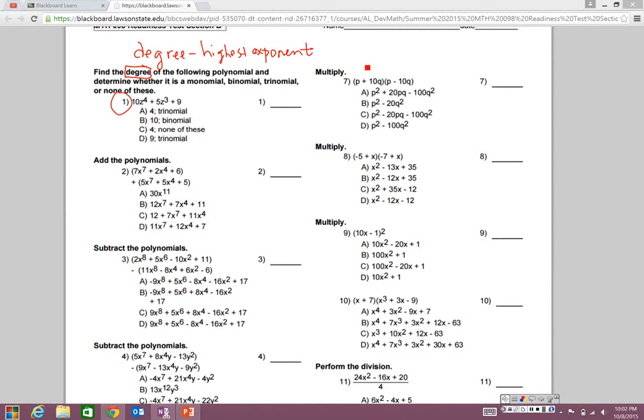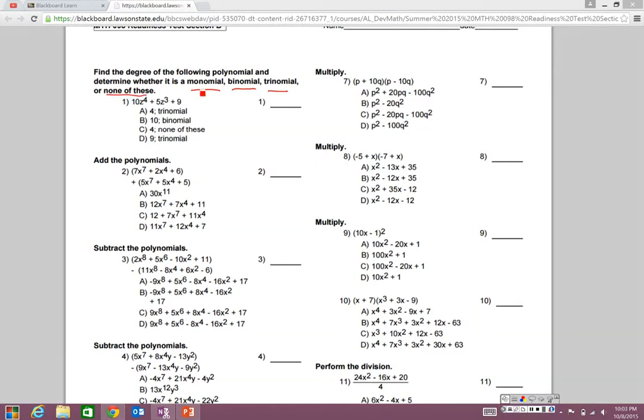Now what's nice about this exam is, as you can see, you have multiple choice. Wonderful. So already we eliminated B and D as possible answers because 4 is the degree. Now you need to determine whether the polynomial is a monomial, binomial, trinomial, or none of these.